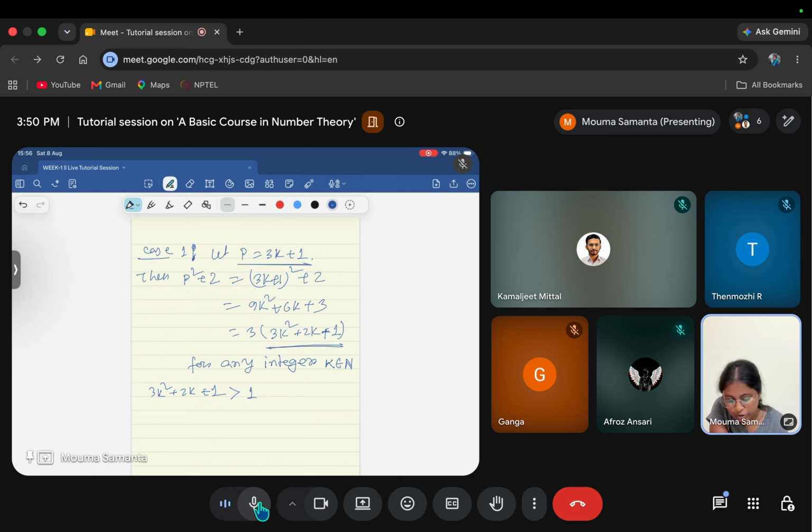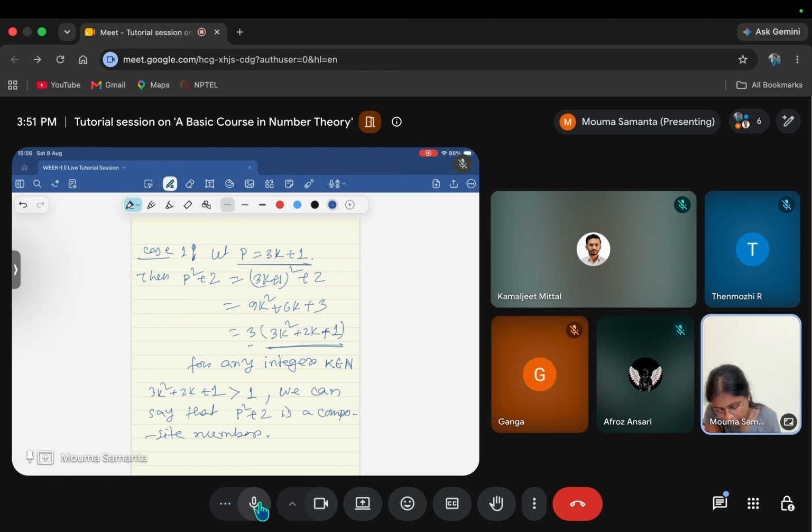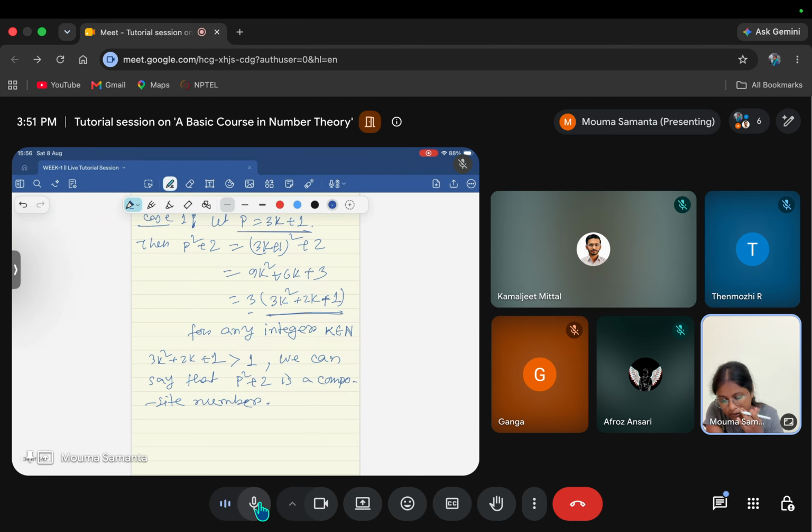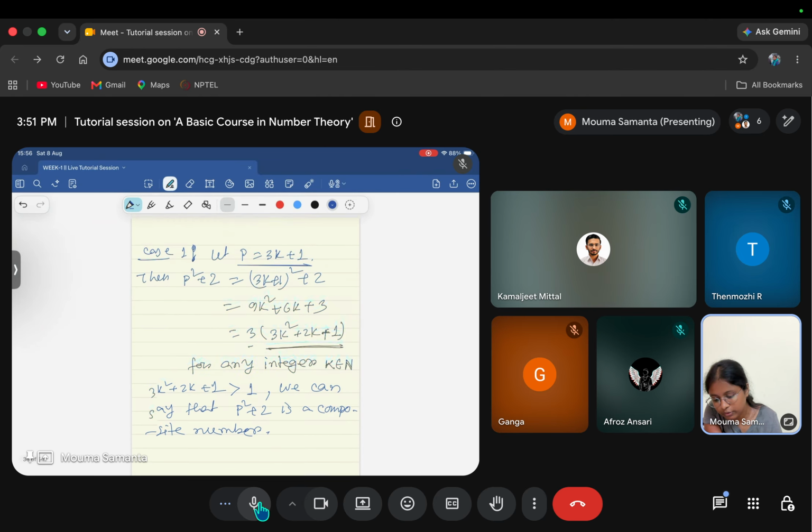That's why k belongs to n, and p square plus 2 has this form 3 times this integer, and since this integer is greater than 1, we can say that p square plus 2 is a composite number. So in this case we are done.